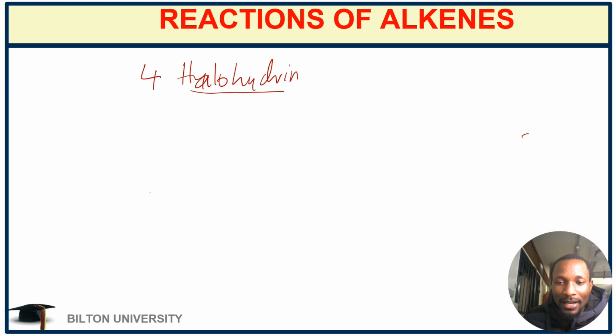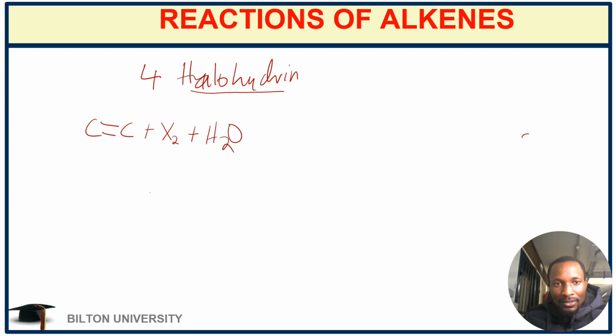Halohydrin formation is the treatment of alkenes with halogens and water. It means that we react the alkene with halogen, and then we react it with water to give us a product.